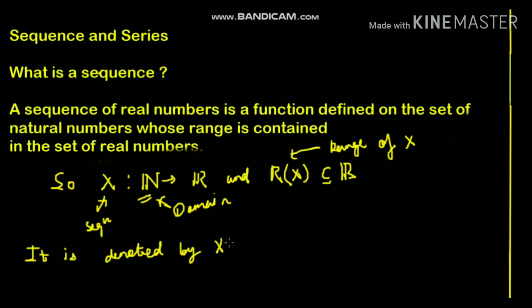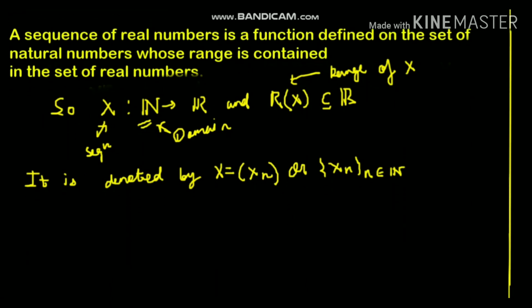You could write it as a capital X in parentheses with n in subscript, or you can even write it in curly braces, x of n, with n belongs to natural in subscript. These are the shorthands for writing sequences.